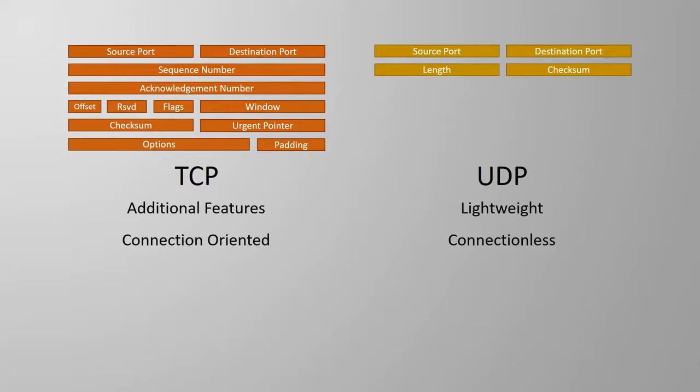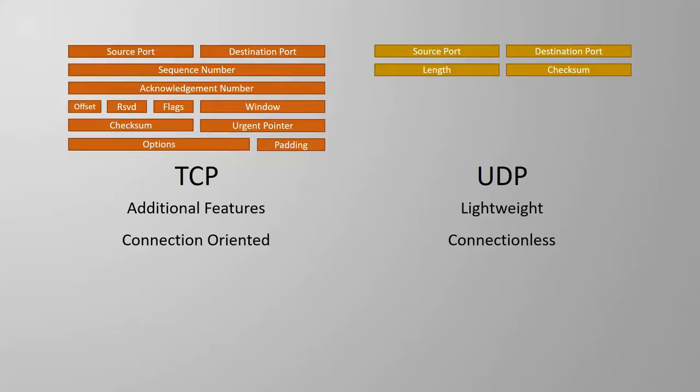Connection-oriented means that TCP will build and track a connection between applications on a pair of hosts before sending data. When they're done, TCP will close this connection. This stateful connection enables more features, like error recovery and flow control. There's a lot to understand around TCP connections, so we'll use the next video to go into those in detail.